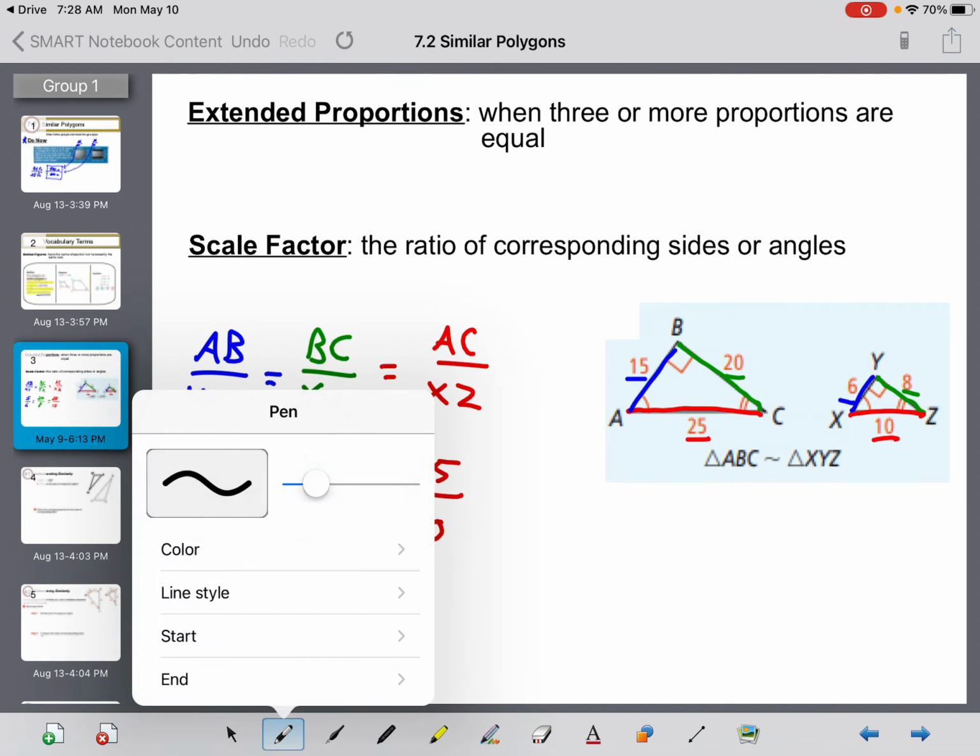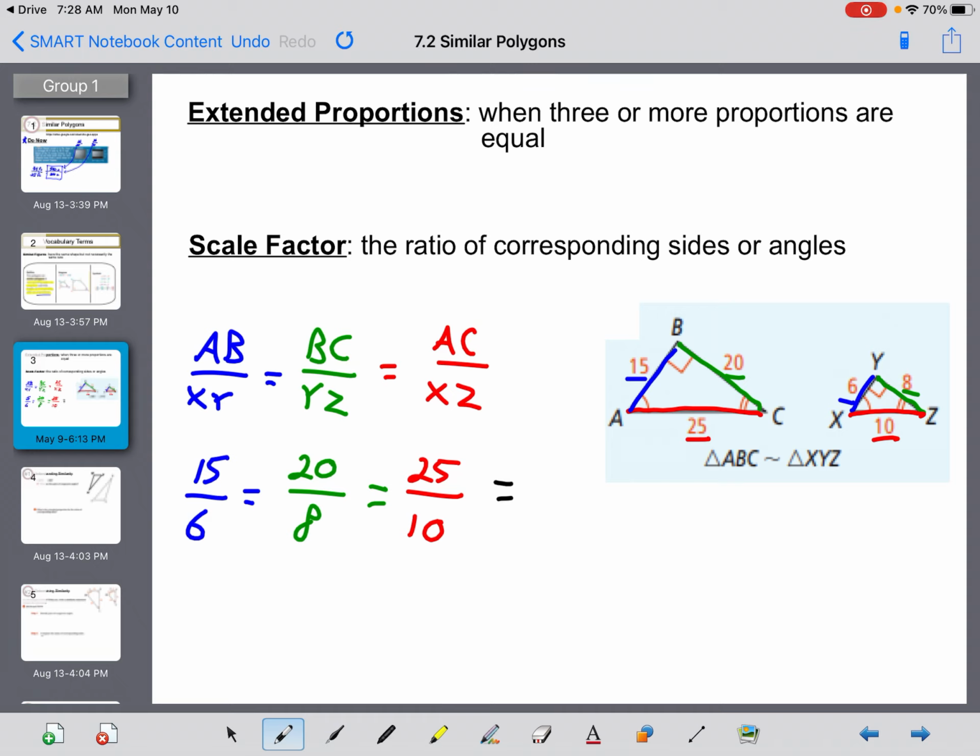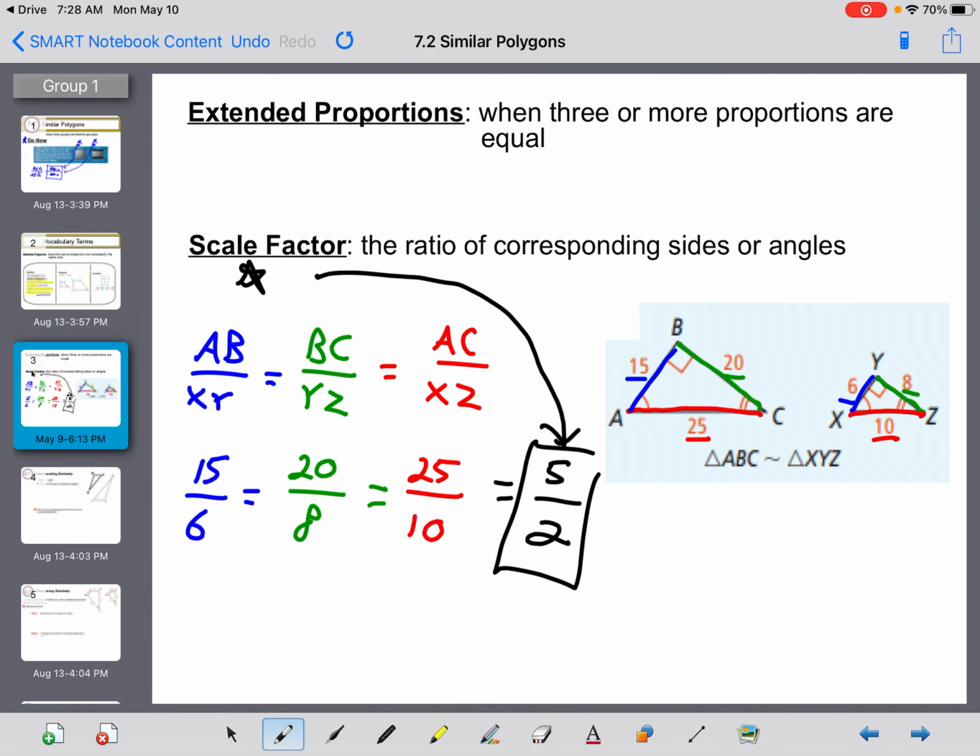Now, if we were to type all of these into the calculator and hit enter to simplify them, you put in 15 over 6 into your calculator. You get 5 over 2. 20 over 8 in your calculator is also 5 over 2. And 25 over 10 is 5 over 2. So your scale factor is 5 over 2.